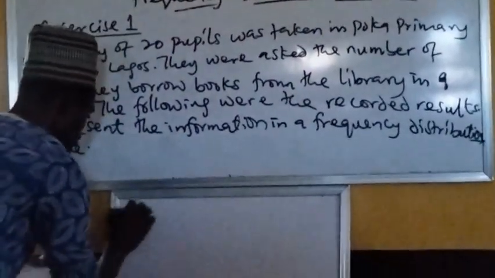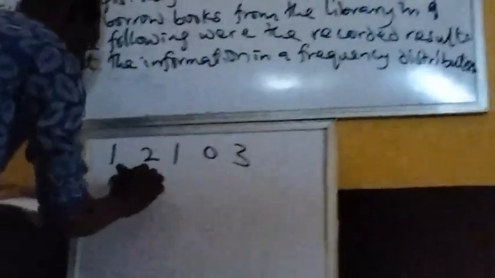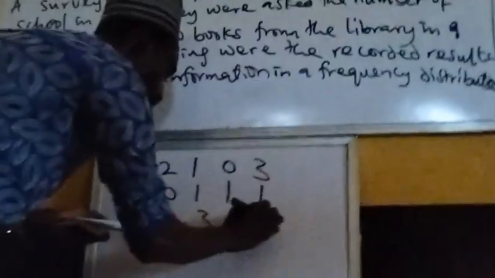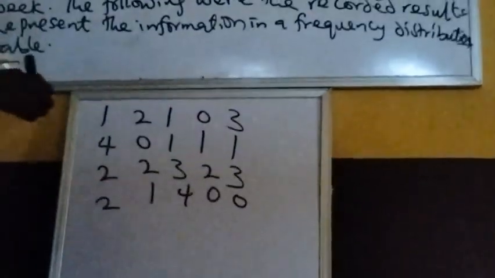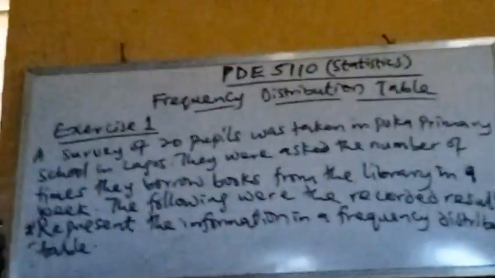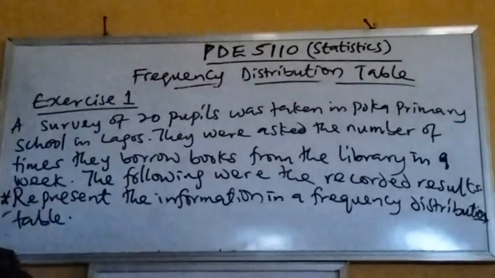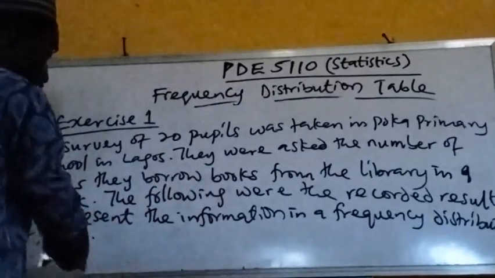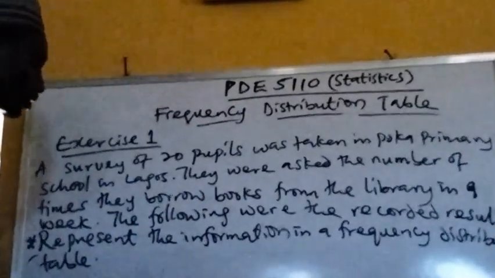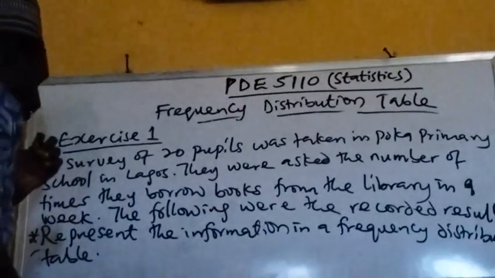The data is 1, 2, 1, 0, 3, 4, 0, 1, 1, 1, 2, 2, 3, 2, 3, 2, 1, 4, 0, 0. Now, this is the data. We want to represent this information in our frequency distribution table.